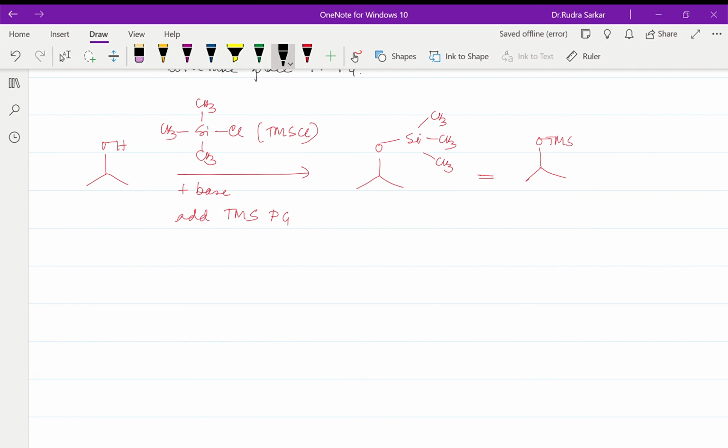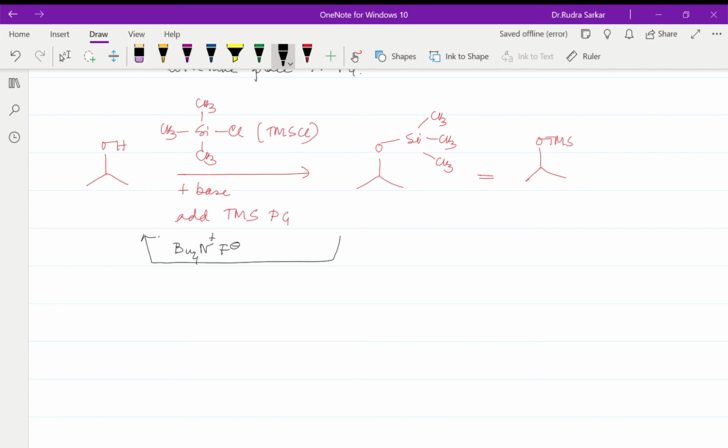And if we were to remove this TMS, then one has to employ deprotecting reagents such as tetraalkylammonium fluoride, or over here, as we can see, tetrabutylammonium fluoride.